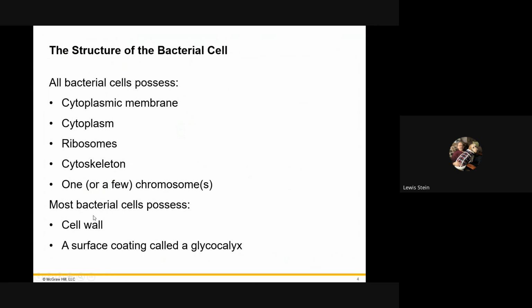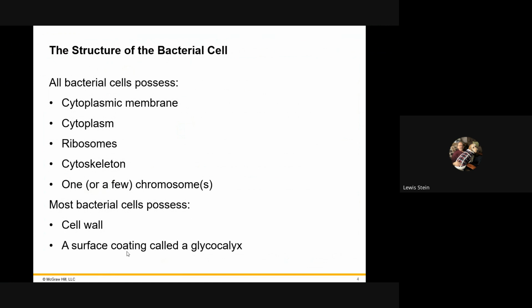The big players here: classification is based on the cell wall. All cells, ours included, have something called the glycocalyx, which literally means sugar shell. That's the combination of proteins with short chain sugars that project from them. Interestingly, in bacteria, they come in a variety of ways that help them either hold together or they're very extensive.